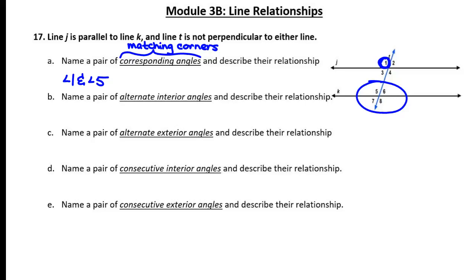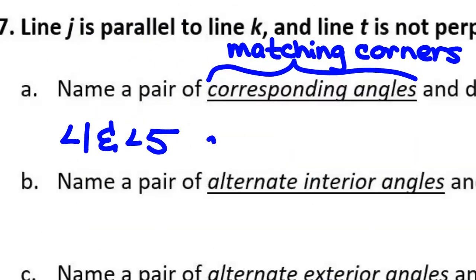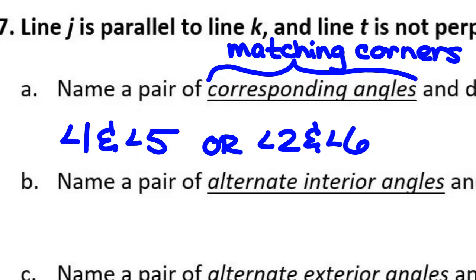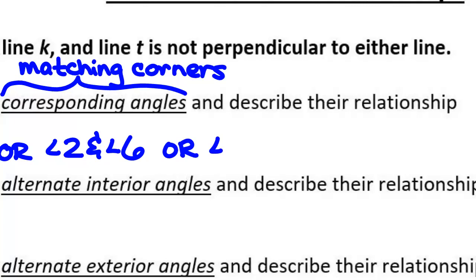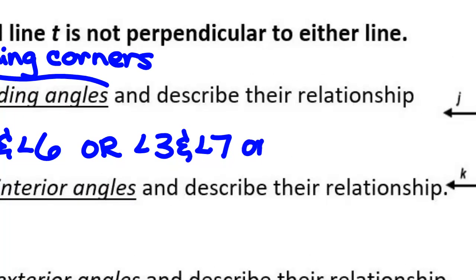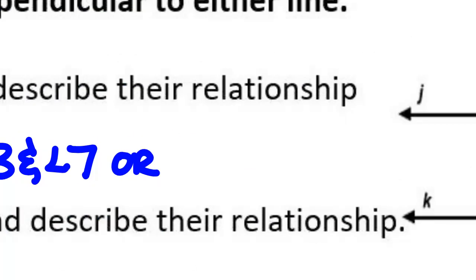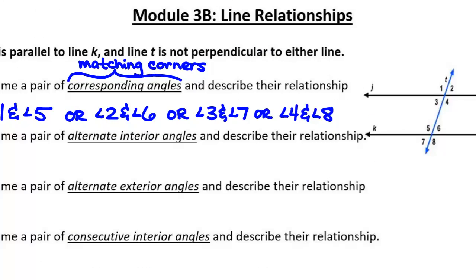Can somebody give me another pair of corresponding angles? 2 and 6. What about another pair? 3 and 7. Is there another pair? 4 and 8. All right, now the really important part. We want to describe their relationship.